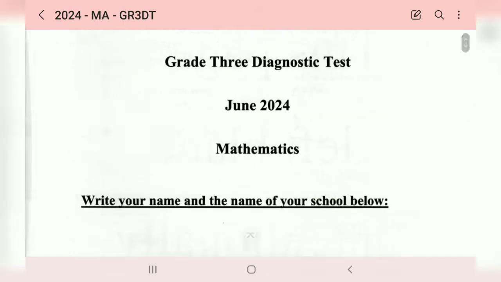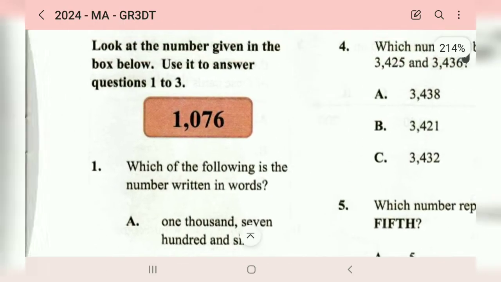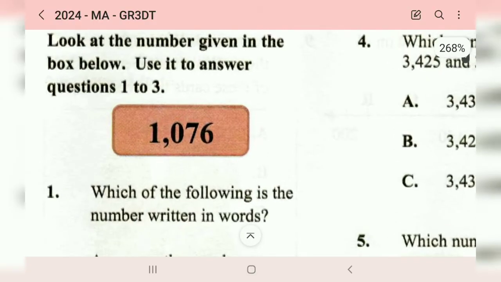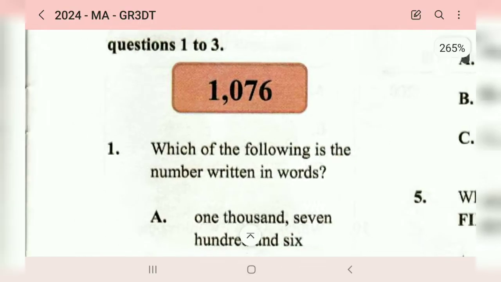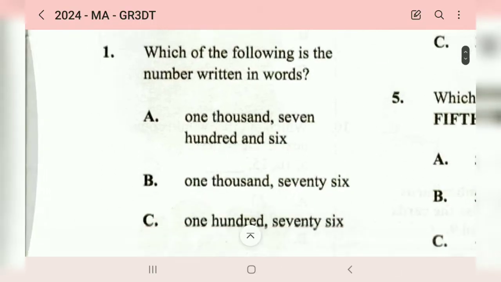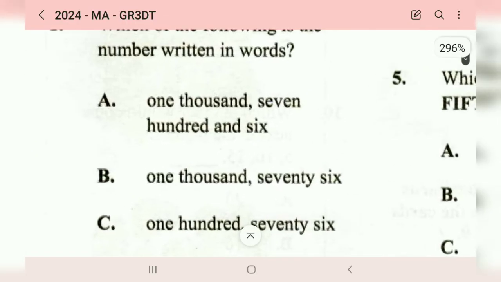So let's go. Number one, starting out, is a repeat. Look at the number given in the box below. Use it to answer items 1 to 3. Which of the following is the number written in words? So you're looking for 1000 starting out. It's going to be between A and B because both of them start with 1000.